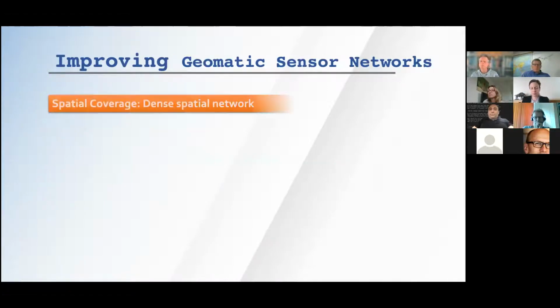In geomatics, usually one concern is, for example, having a good spatial coverage, like a dense spatial network. It's one aspect when we want to use the advantage of sensors, for example, to monitor some entity.